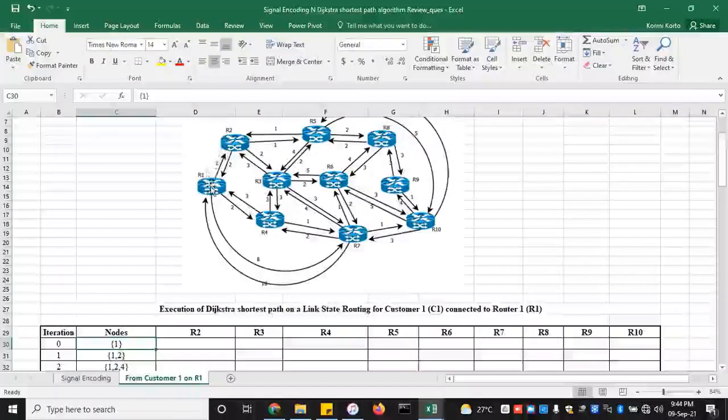So the least cost to move a message from a customer on router 1 to router 2 would definitely be 1. So we'll put 1 over there.